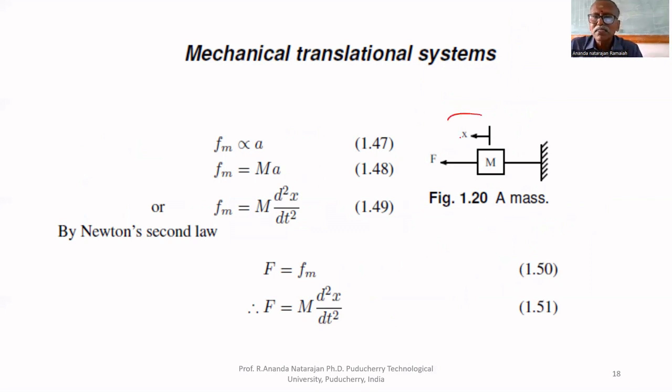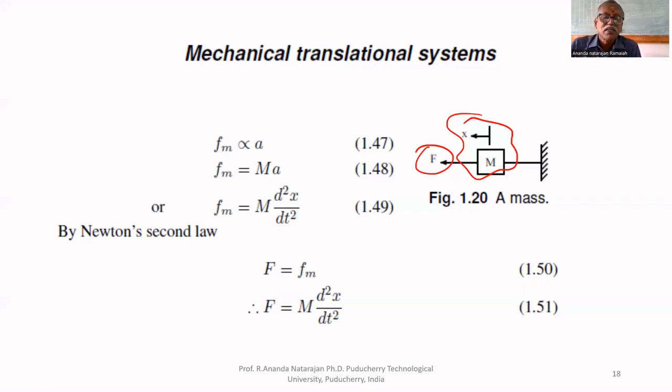Here, if a mass is there and you apply any force, there will be inertia. Inertia means mass. Because of that inertia, it generates some opposite force, which is equal to the second derivative of displacement, the first derivative of velocity, or acceleration.